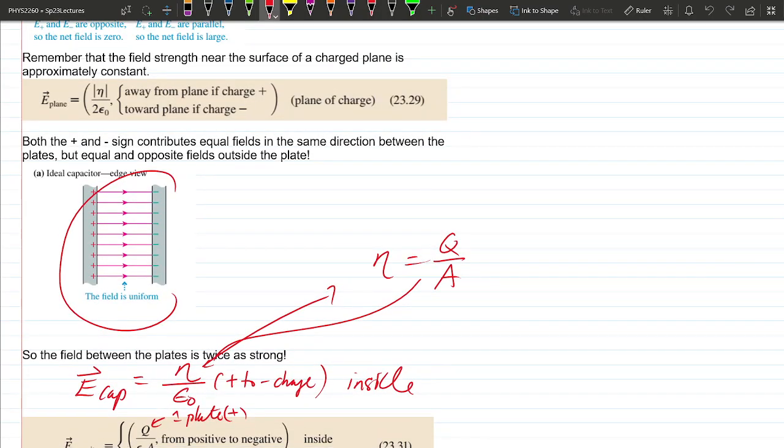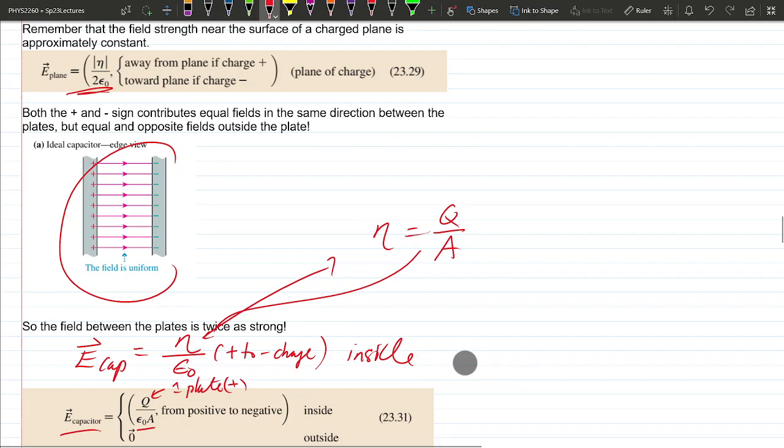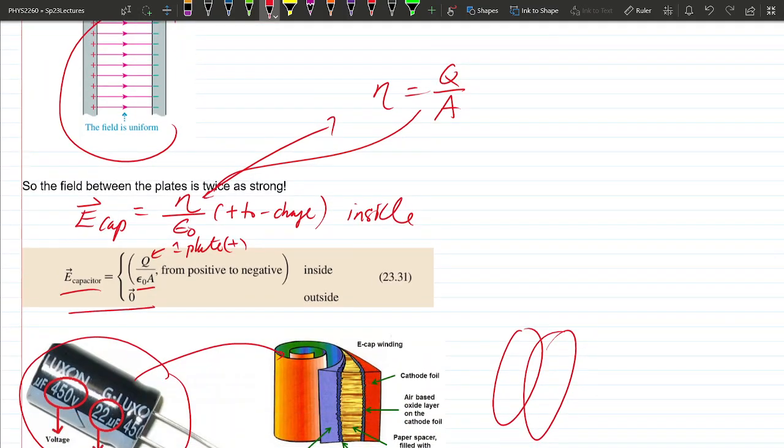And we found that inside a capacitor you actually have a constant electric field, where if you want to calculate the electric field between the two plates, it's just the charge density divided by epsilon naught.